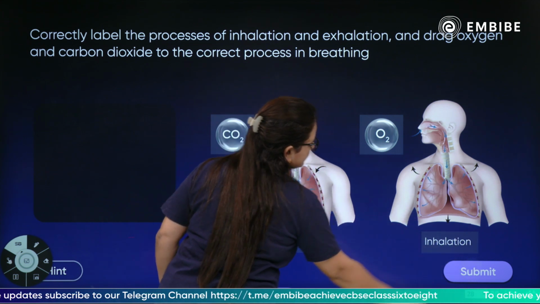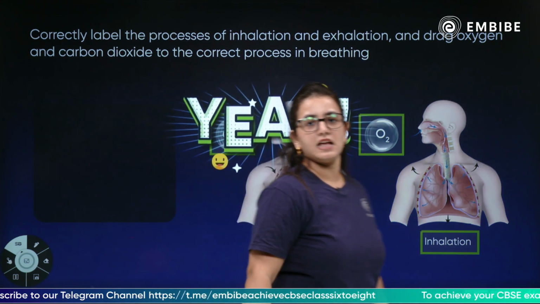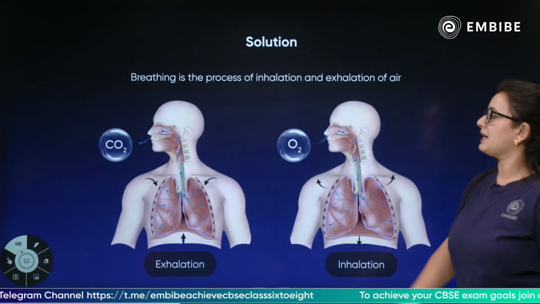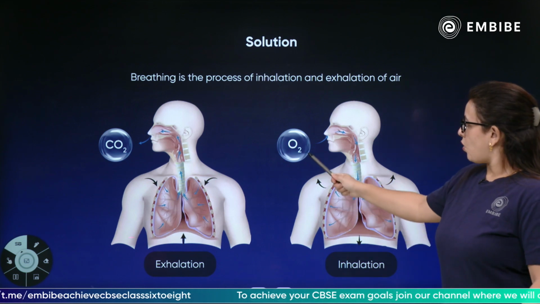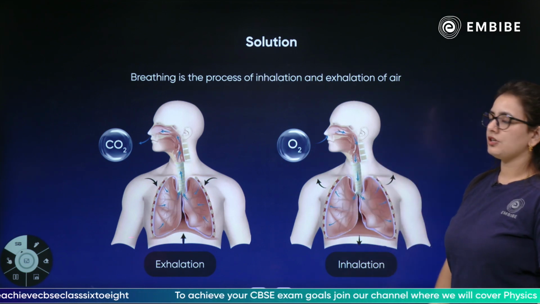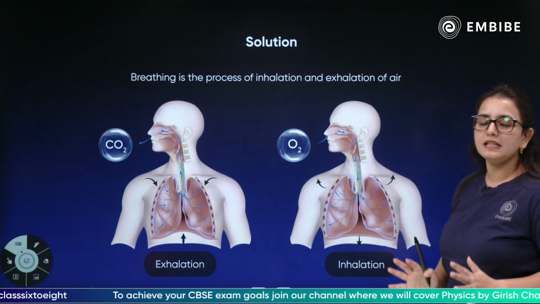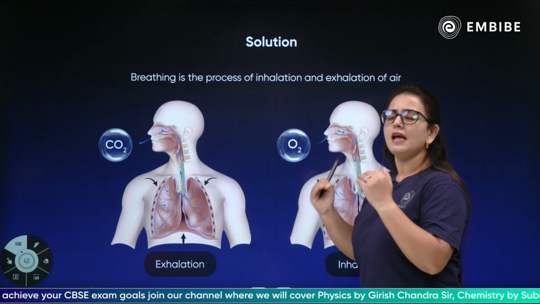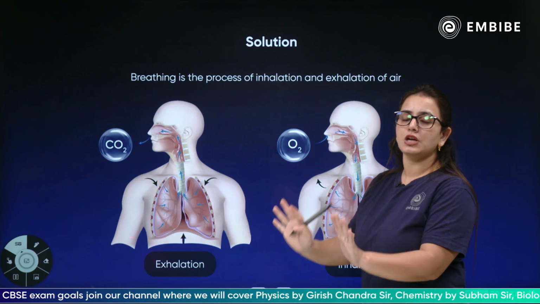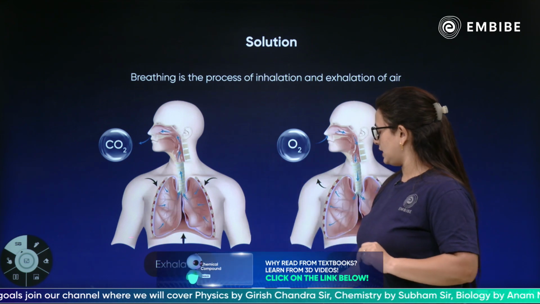And as I submit, this is the correct answer. This happens in the breathing mechanism. The CO2 will be given out. This is exhalation. O2 will be breathed in. This is inhalation. This is the process of breathing in a human body or any organism which is undergoing aerobic respiration.